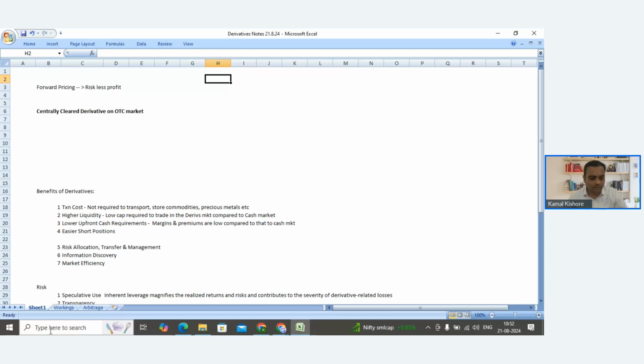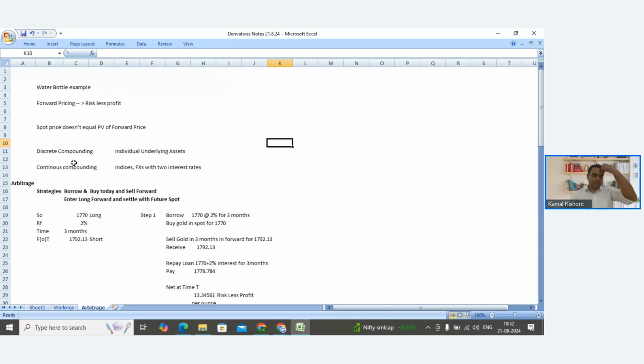Now let's look at one example. So first is your water bottle. What is the price of a 1 liter water bottle here? 20 rupees.